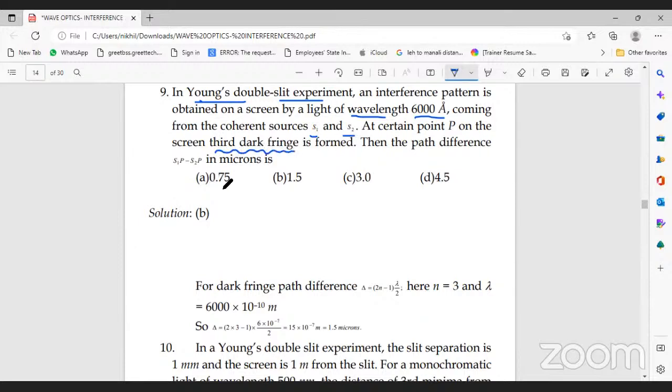Third dark fringe is formed. What is the condition for the path difference for destructive interference? (2n minus 1) into lambda by 2. This is the condition for destructive interference.